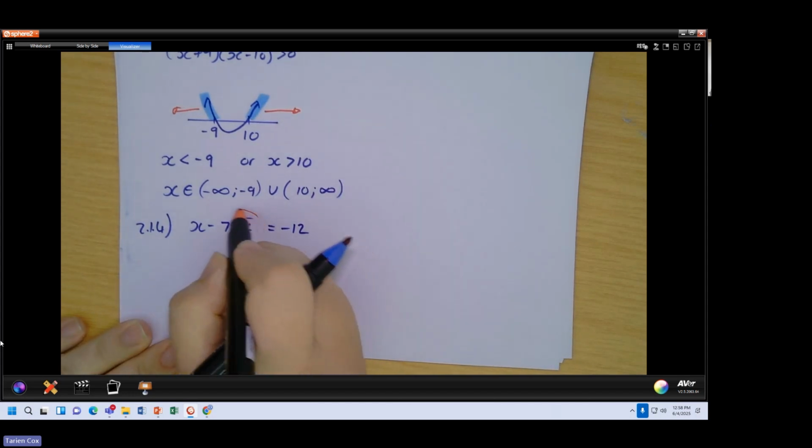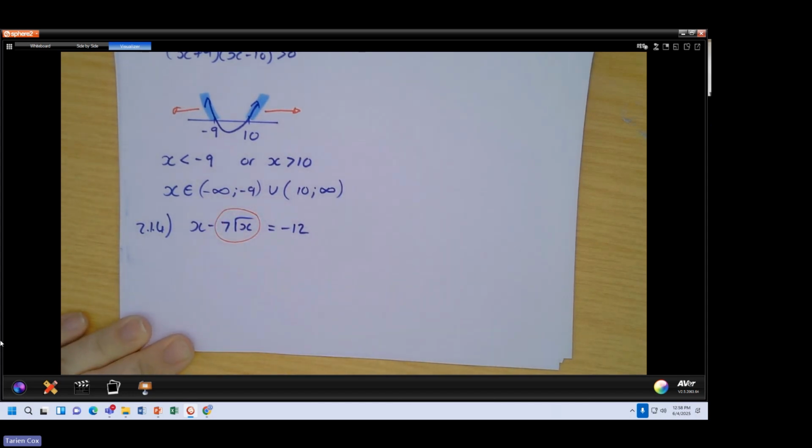Our goal is to isolate the square root x, right? Yes, the 7 will also stay with it, but we need to isolate that because what we learned from our first question, when we had the third in the first question, we wanted to square it to get rid of the third. That's my same goal here, which means I need to isolate the square root, meaning have it alone.